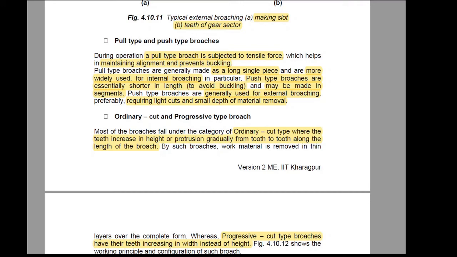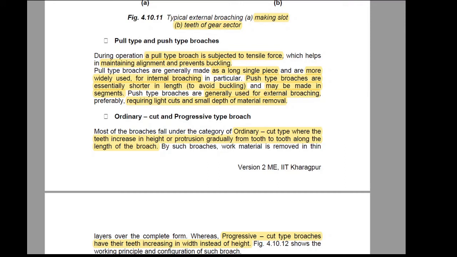Since pull type broaches do not buckle, they are available in long single pieces and they are widely used for internal broaching operations. Push type broaches are those which are pushed from the back end, so that machining happens in the front, and the pushing force is applied at the end of the broach.